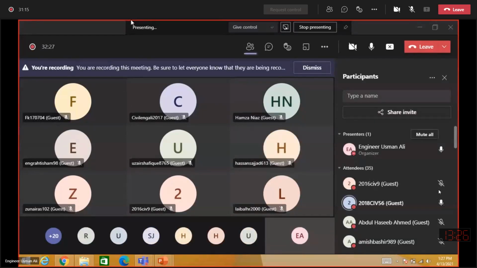Okay, so can you tell me any one example of one-dimensional flow? What is one-dimensional flow? How do you define it? No idea at all?